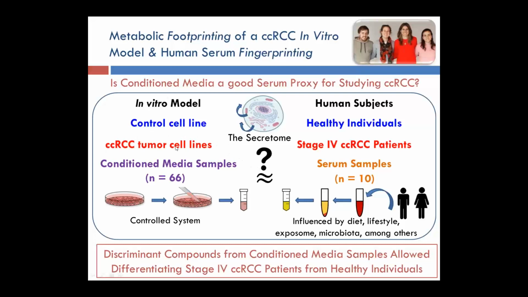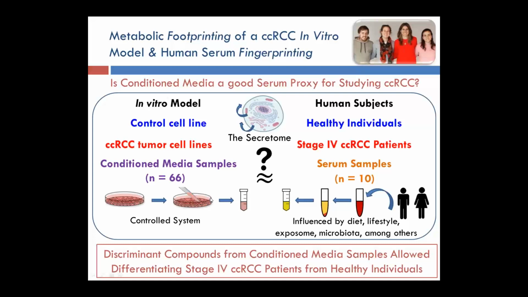And we were wondering if the secretome, that is the metabolites that are released by the cells to the external media, would be a good approximation to find potential biomarkers of disease and a good approximation of the serum samples by comparing and contrasting this secretome with a small pilot cohort of serum samples collected from healthy individuals and stage 4 CCRCC patients.